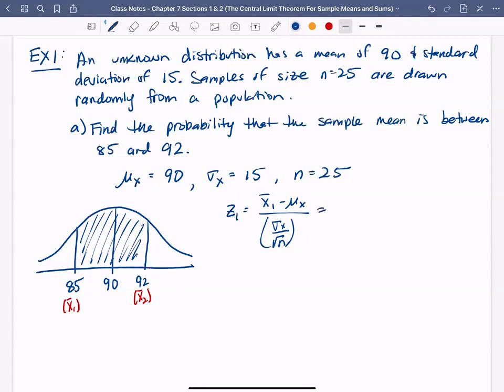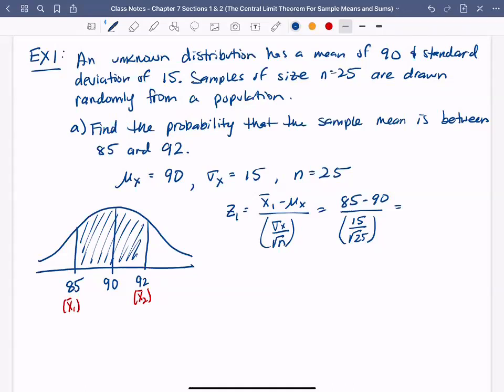Now we substitute our values. So we have 85 minus 90 divided by 15 divided by the square root of 25. And you want to try to put all of this in your calculator at the same time. All right, so for us, we can use a TI-30 in all the things that we do, or something equivalent to a TI-30.